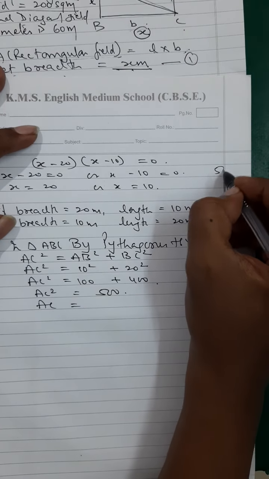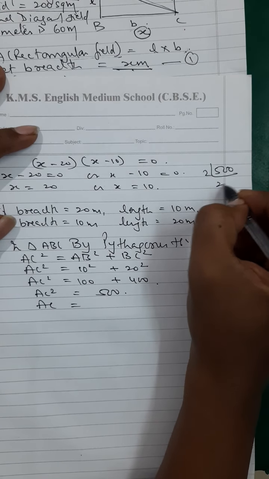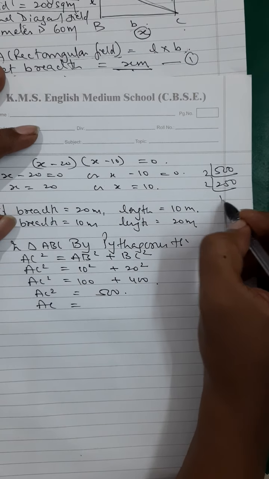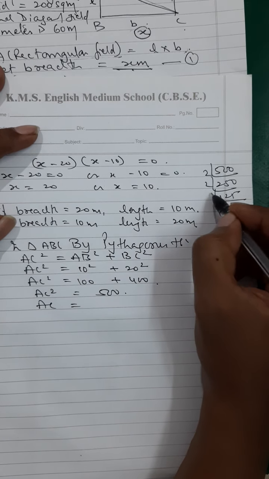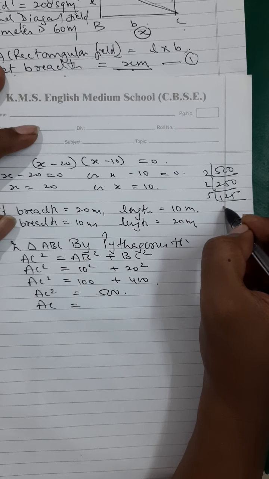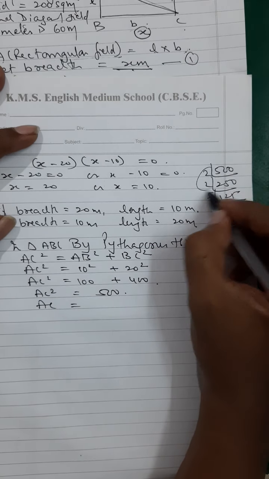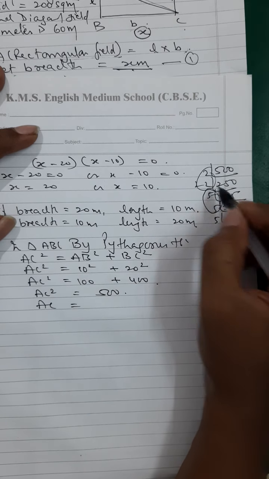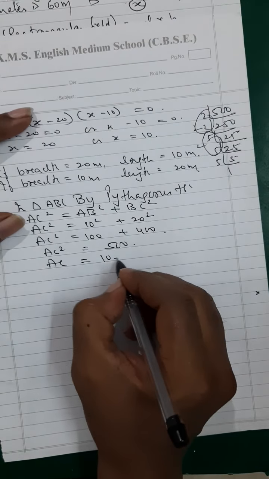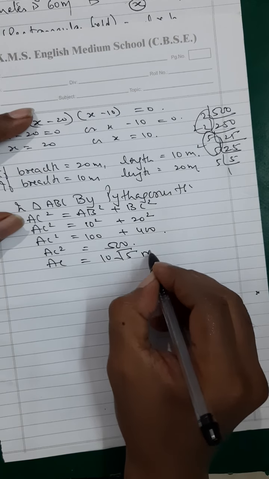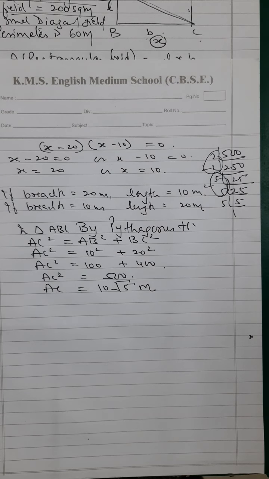Now AC is going to be root 500. 500 is 2 times 250, 250 is 2 times 125, 125 is 5 times 25, 25 is 5 times 5. This will go and become 1, this will go and become 1. 10 root 5 you will get meter.